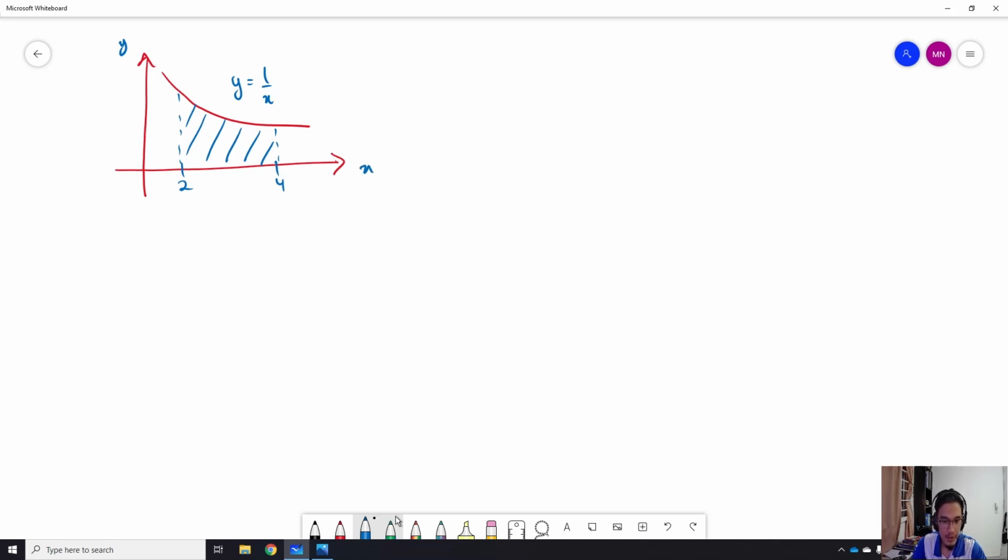Okay, so for this one we write down the equation of the integration, that is the integral from 2 to 4 of 1 over x dx. Alright, so when we integrate 1 over x, it gives us ln x from 2 to 4 plus c. So then we substitute just like usual.